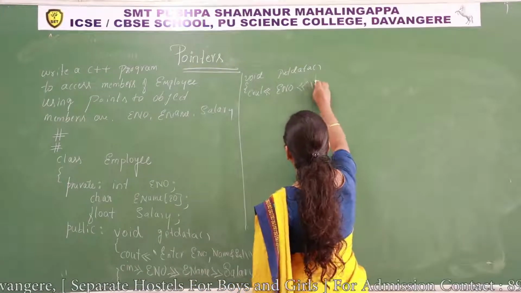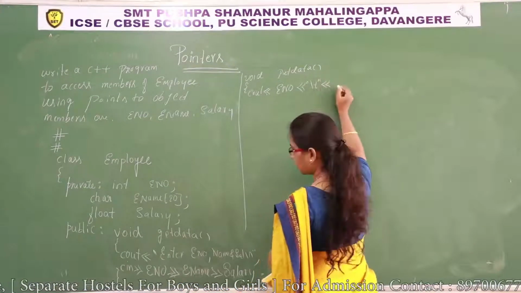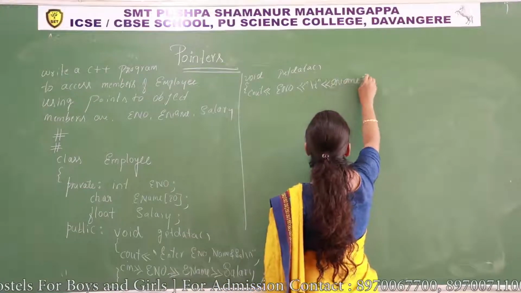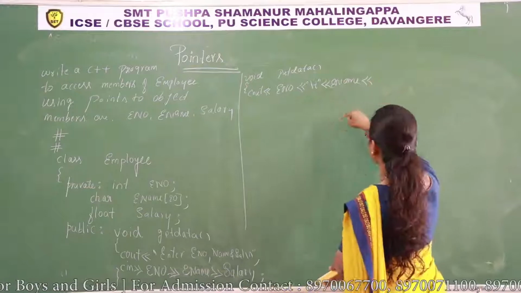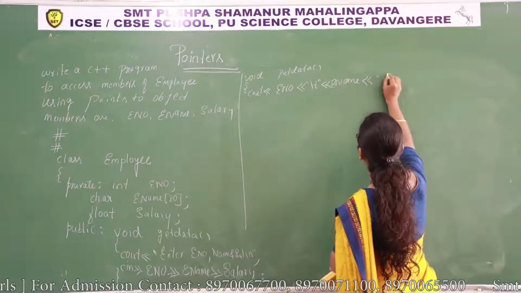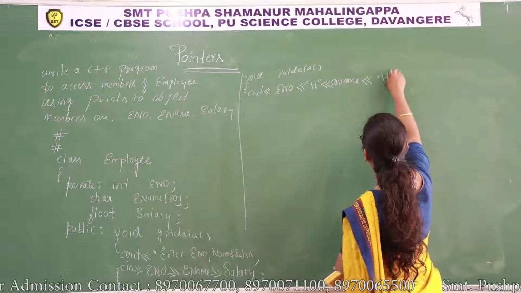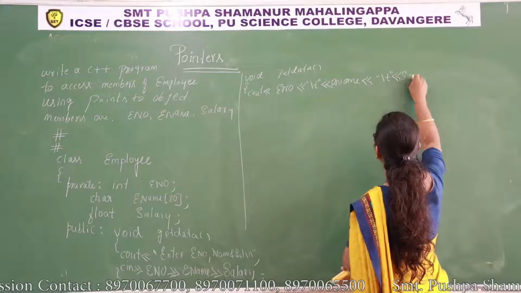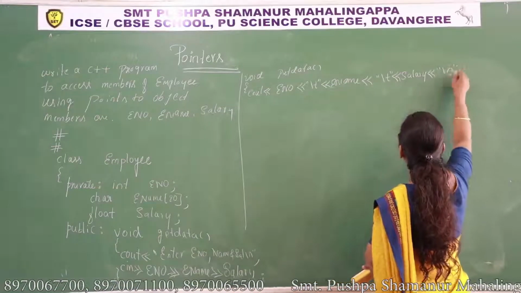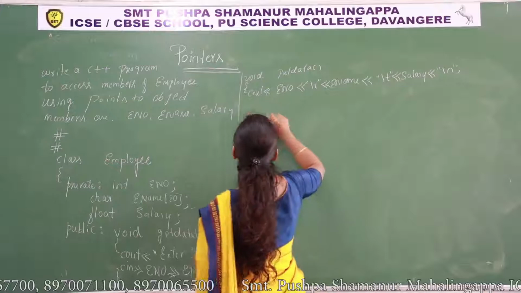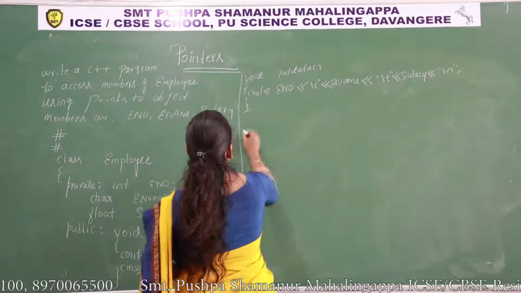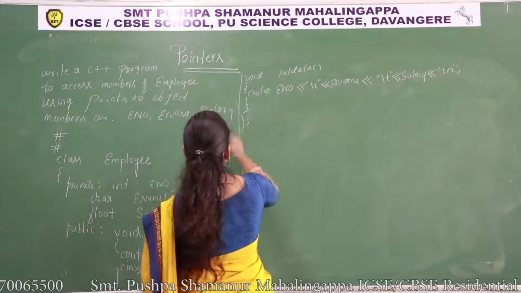Insertion \t, then employee name, insertion \t, salary, then \n, so the cursor moves to the next line. Function close. Now class close.